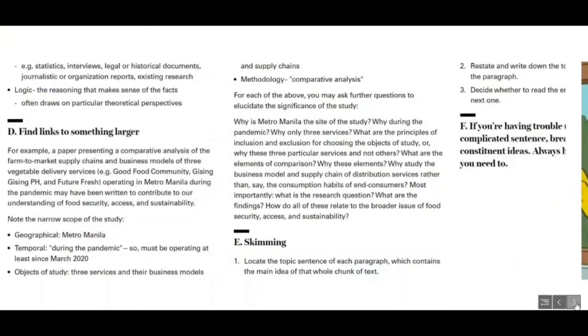Most importantly, what is the research question? What are the findings? How do all of these things relate to the broader issue of food security, access, and sustainability? So these are the sort of questions that you have to ask yourself when you're writing the paper. If you're faced with writer's block when you're writing, one good thing to do is to simply list down your questions and then maybe open your recording app on your phone, and then read the questions out loud to yourself and just talk about your answers to the questions.